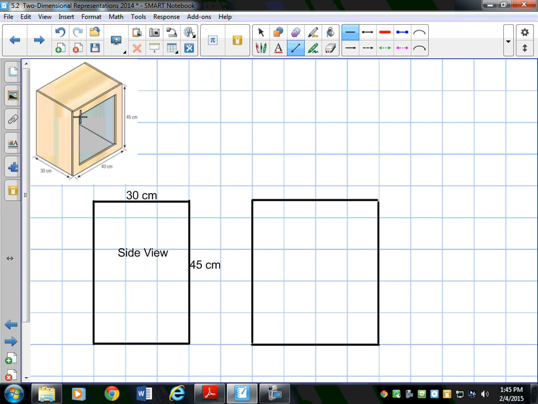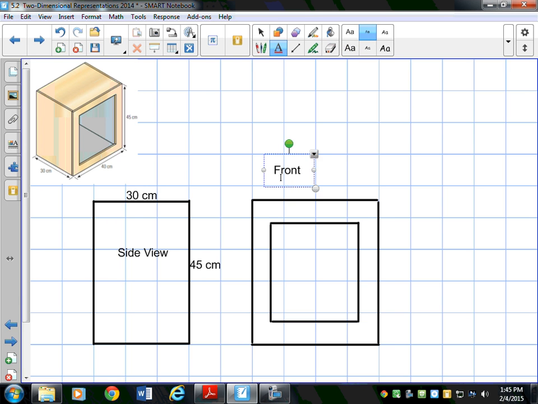I do not know the dimensions inside, so therefore I cannot draw it in any great detail. I'd have to have that diagram drawn or use some sort of measuring device to measure it. I don't have that, so I'm just going to do my best to draw that inside. Hopefully in your assignment they will give us more details. So this would be our front view.